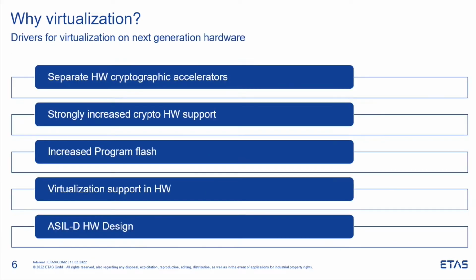Now let's have a look about what the new generation of hardware offers us as some of the drivers towards a virtual environment. So the first one is the separate hardware cryptographic accelerators. The new devices add support for these security IPs, which means that the host core can then use the security IP to perform a crypto operation with the key management done by the HSM.